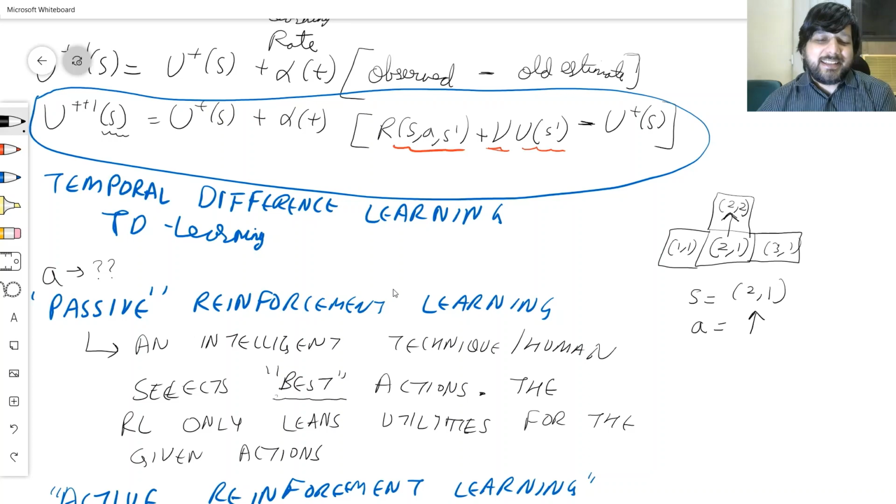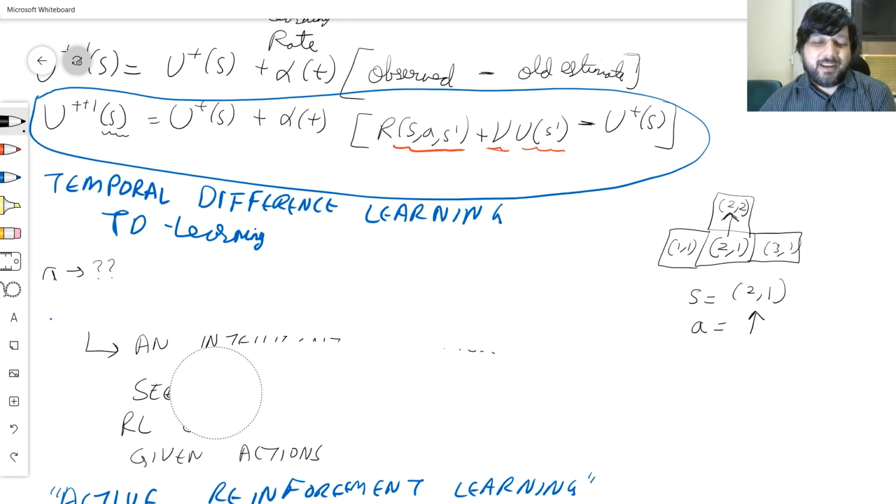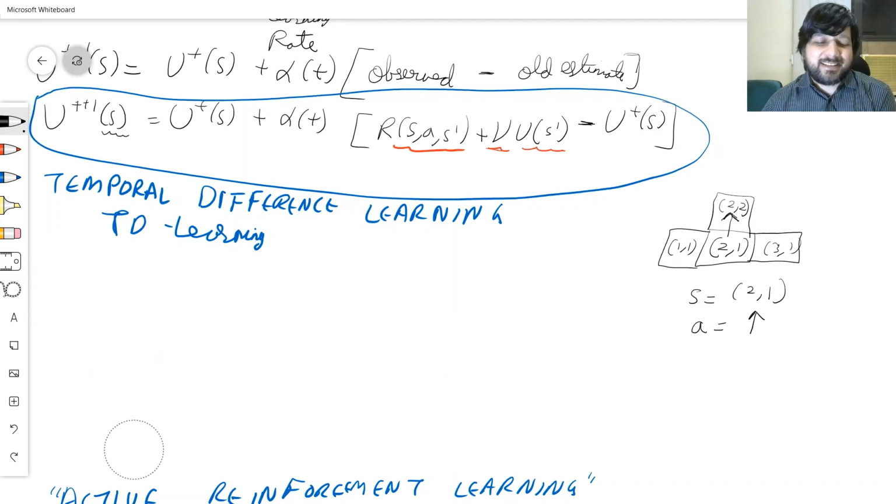Using that, let's see how this equation will behave. Now I don't select S dash. God selects it. However, the probability of S dash equal to 2,2 given 2,1 and up is equal to 0.8.